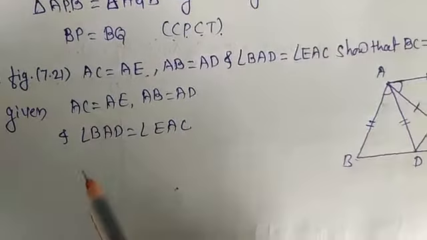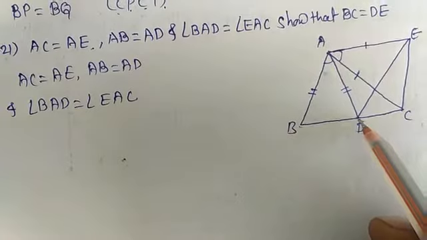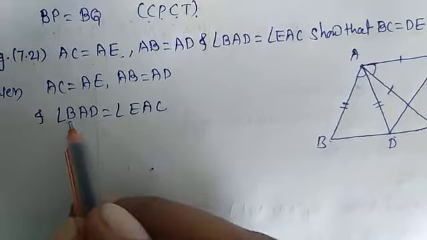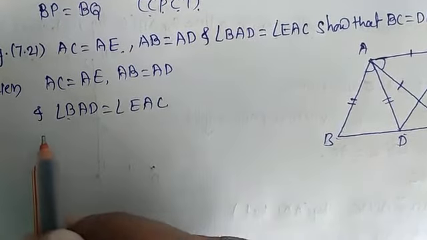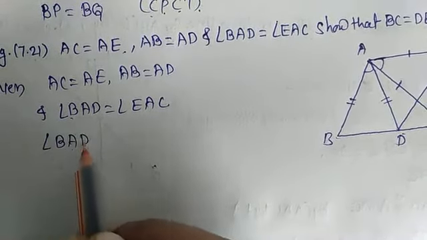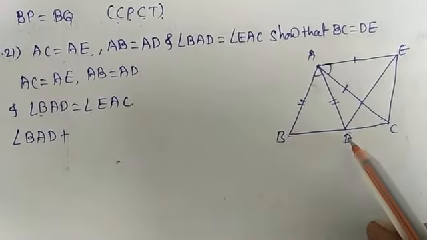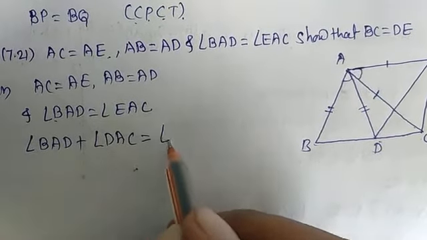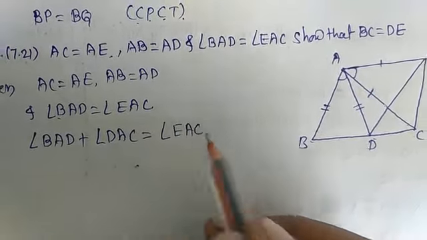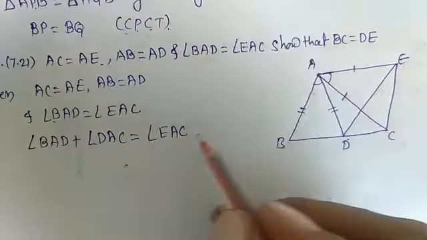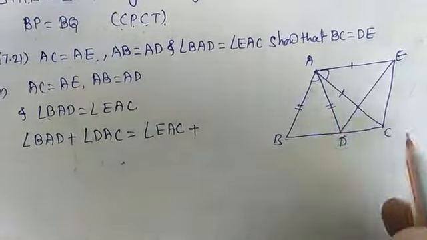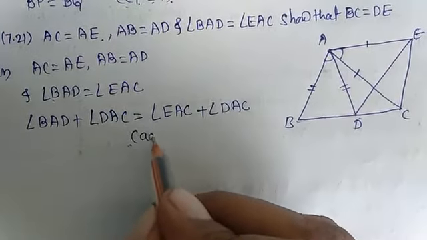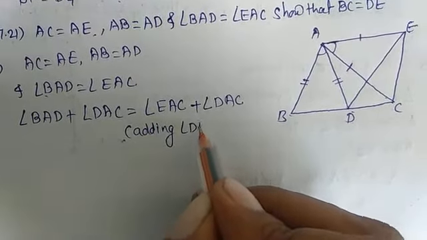Now angle BAD is equal to EAC, so it can be written as angle BAD plus angle DAC is equal to angle EAC plus angle DAC, that is, we are adding angle DAC on both sides.